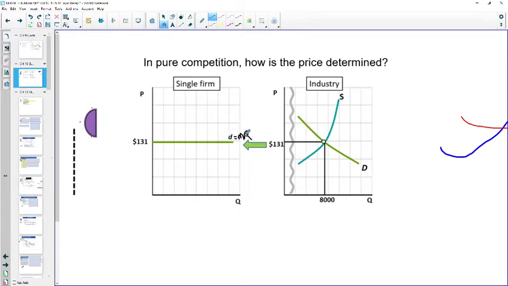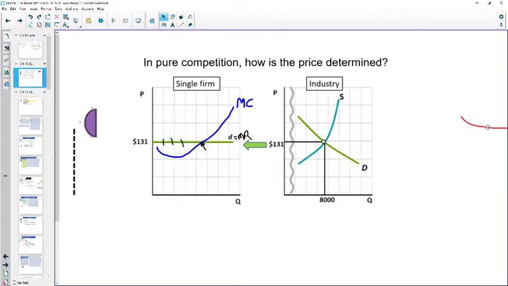Every time you sell another one, you get the market price, whatever it is. Now you take your cost structure and layer it on top, and here you see the marginal cost curve, and where's the optimal production? Optimal production is always going to be where marginal cost and marginal revenue meet, and you should understand why.